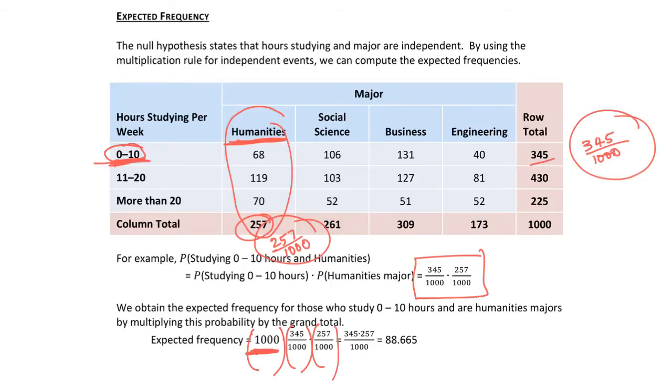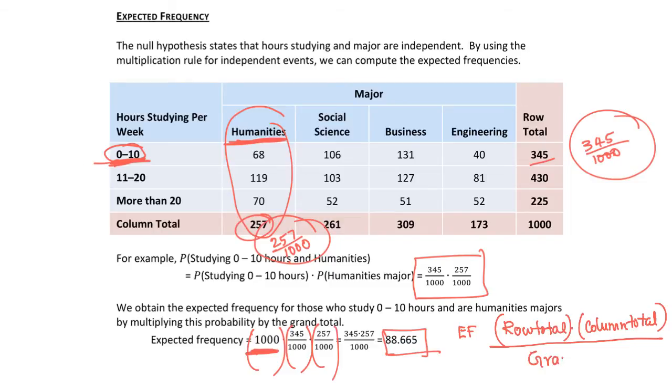Multiply all those together, you will get the expected frequency. So we can say the expected frequency is the row total times the column total divided by the grand total, because here these two will cancel, right?